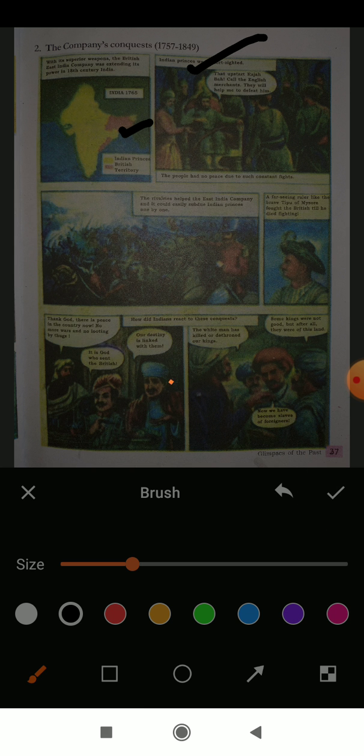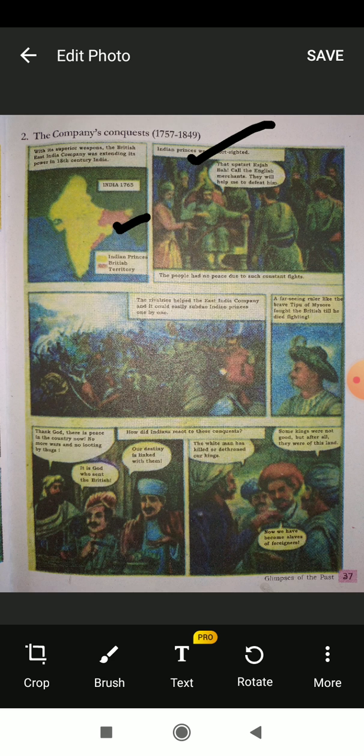What is there? With its superior weapons, the British East India Company was extending its power in 18th century India. Here you see the map of India in the first picture, from the 18th century, the era of 1765.